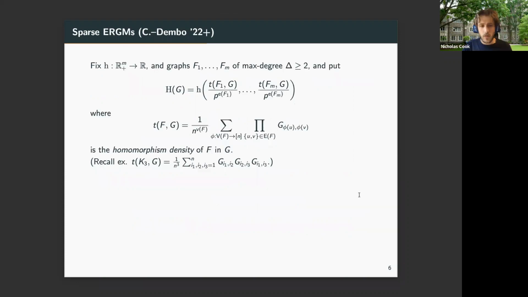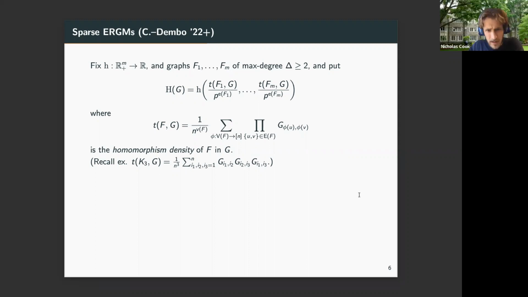All right, so for our results, the results I want to describe with Amir are about sparse ERGMs. Most social networks that you'd want to study don't have a constant edge density.